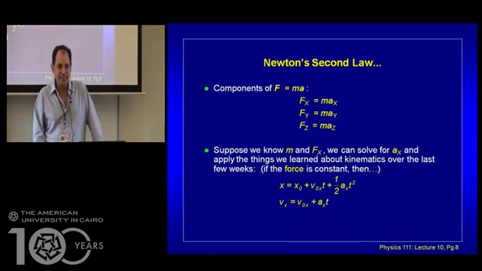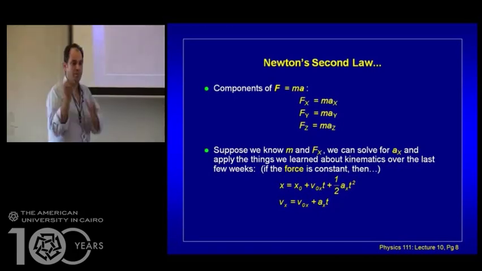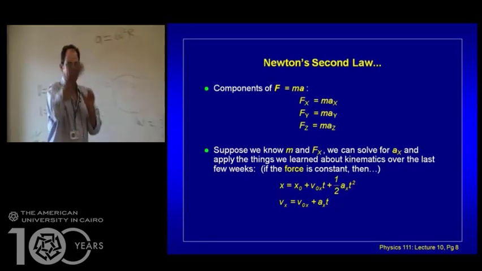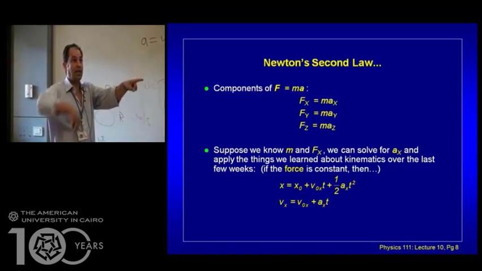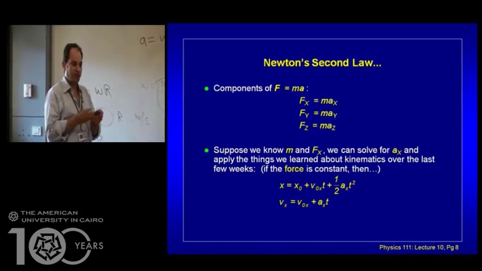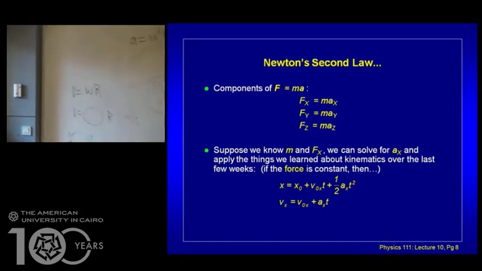Newton's second law can describe a motion in 3 dimensions. If I put a force F on this, where this is X, this is Y, and that's Z, and I push it along the X-axis, the force is along only the X-axis.